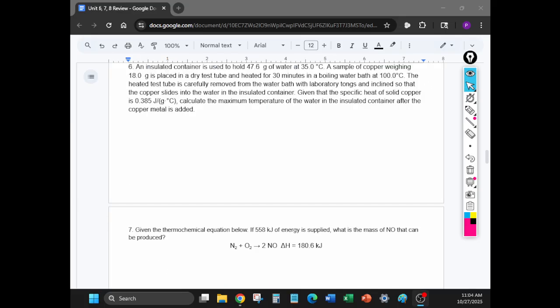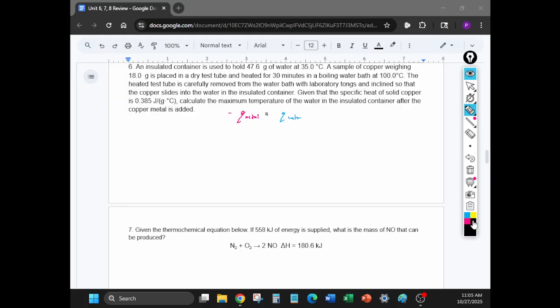Alright, so for this one, I didn't tell you guys, but this is a calorimetry question. So we're going to have to use the set of equations that we talked about. Negative Q of the metal is going to equal the heat of the water.